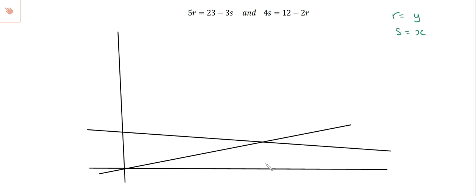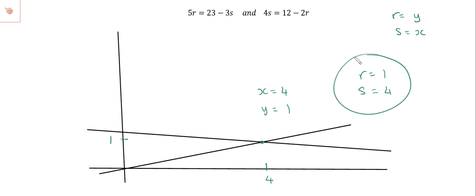Whichever way around I did it, it was at 4 and 1. So in that case, I can say my solutions are x equals 4 and y equals 1. So that would mean that r equals 1 and s equals 4. That would be my final answer, if I got that the right way around.